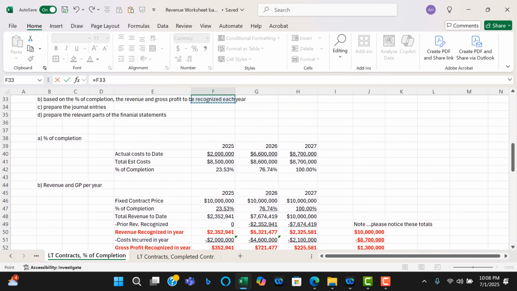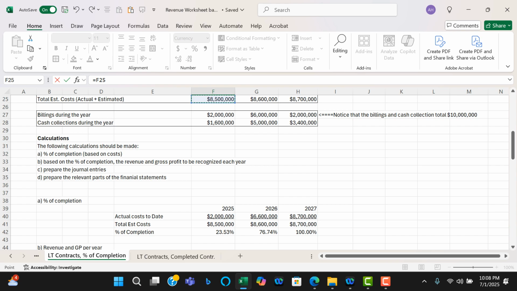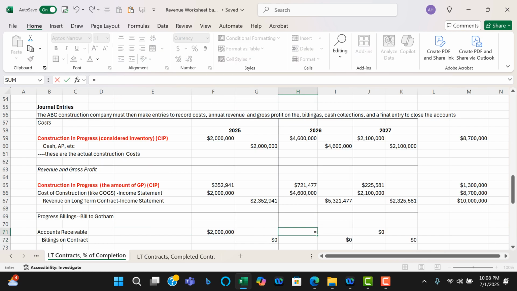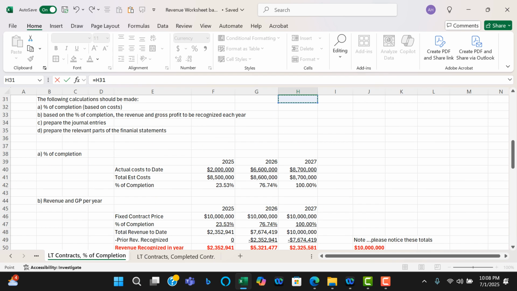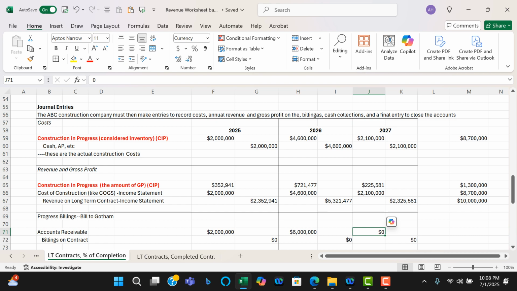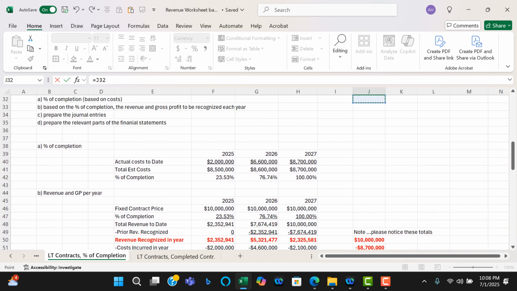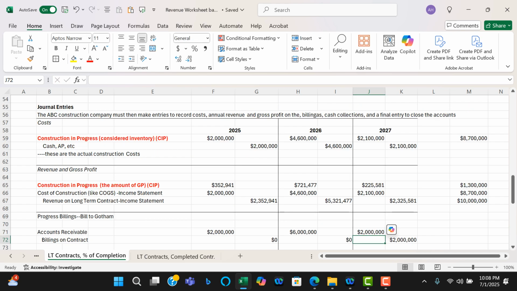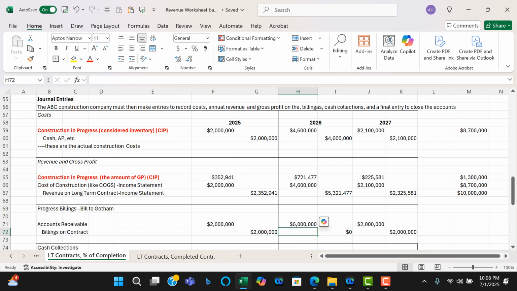Billings are 2 million, 6 million here, I believe, and then another 2 million. So it goes in the same rhythm as the completion of the job. Most of it's done in 2026. That makes sense. And I'll talk about the nature of this journal entry in a second.